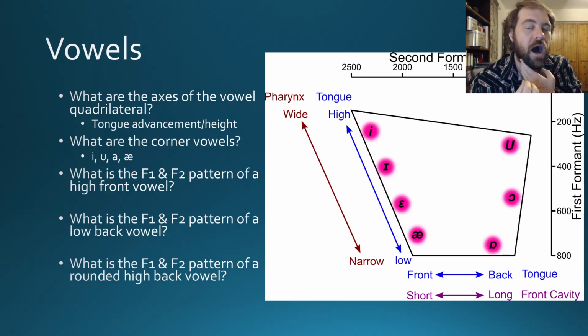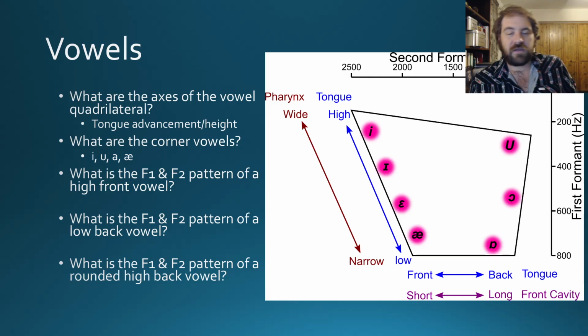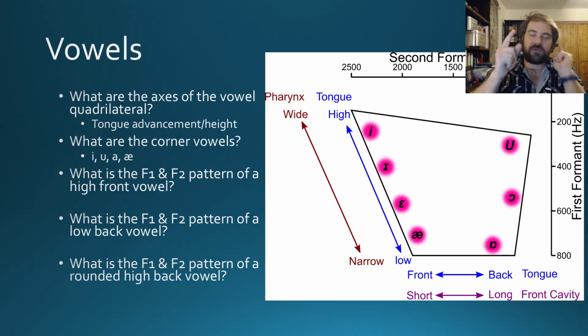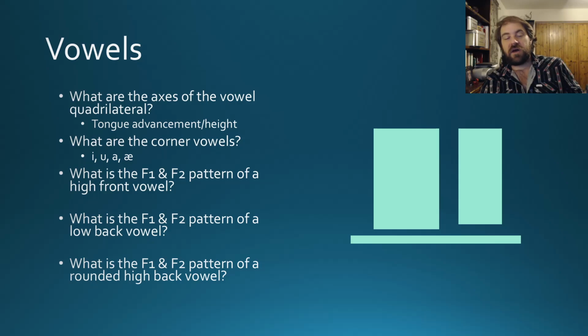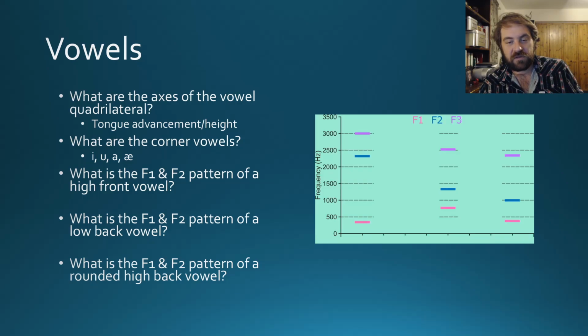Versus ah, tongue's low, and there's more tongue back here in the pharynx. So if the tongue is high, the pharynx is wide. If the tongue is low, the pharynx is more narrow. Okay, F1 and F2 pattern of a high front vowel. Why? It is F1 low and F2 high, of course.